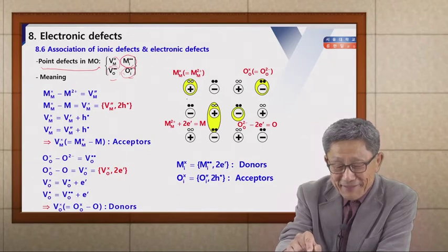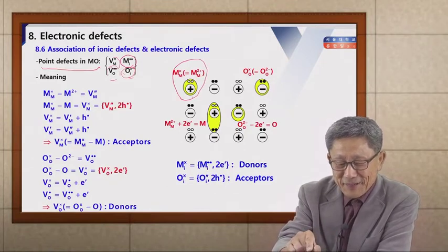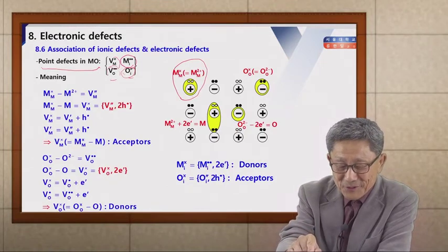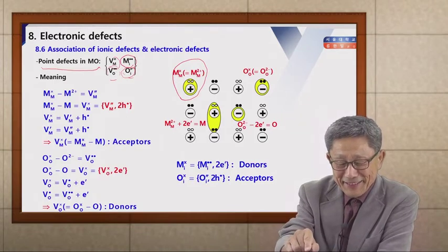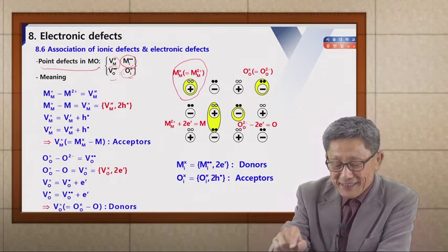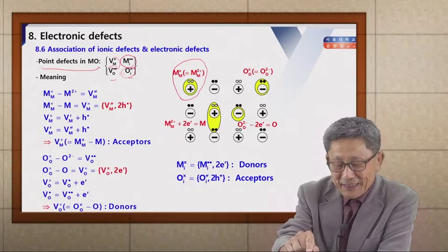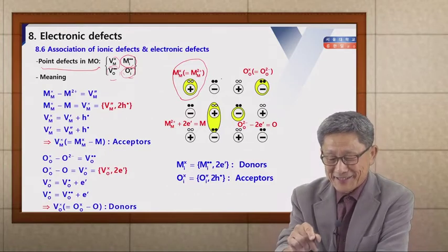I draw a cartoon here. This corresponds to the neutral metal ion on the metal site. Pay attention to these two empty holes, because this metal atom used to have the two electrons here. To make this crystal, this metal atom gave up these two electrons to the nearby oxygen to make oxide anions.